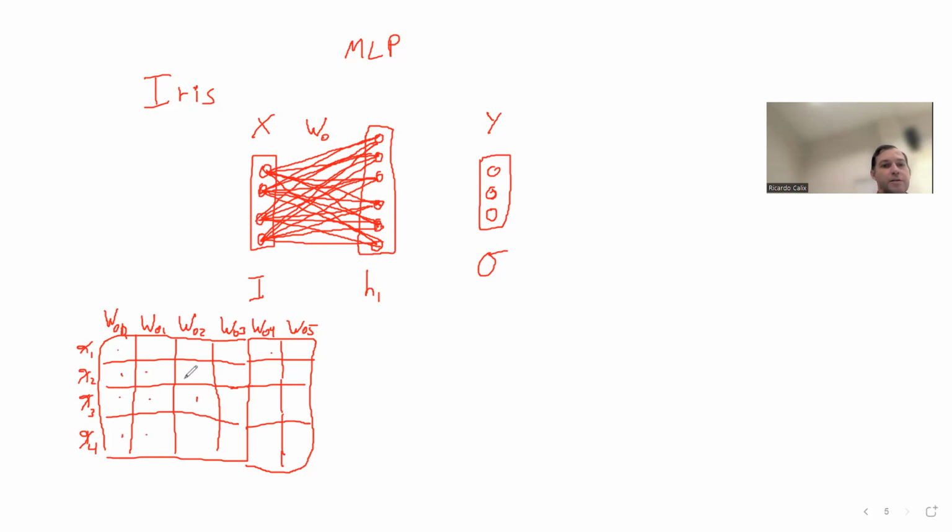All of these, when you initialize them, can be random values. But as you train, these values become important. That's the whole pay attention thing, right? So it might be that feature 3 and weight 0.02 becomes like a 0.7.